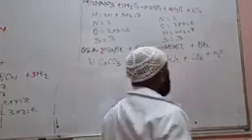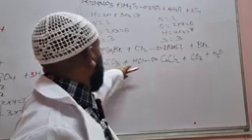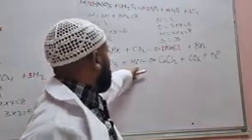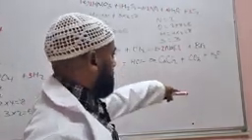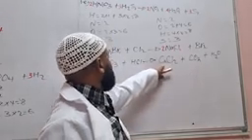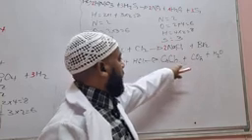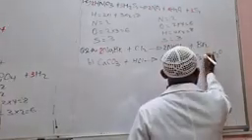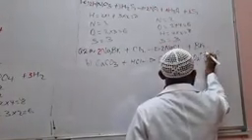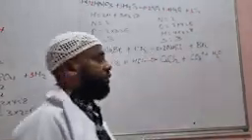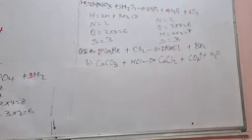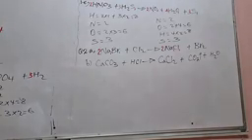When calcium carbonate is decomposed by acid, or reacts with an acid like this hydrochloric acid, the salt calcium chloride and carbon dioxide gas will be formed; this gas will be liberated out, and water will be formed.